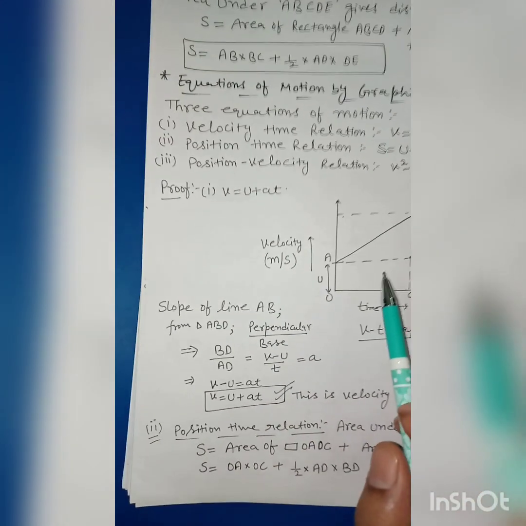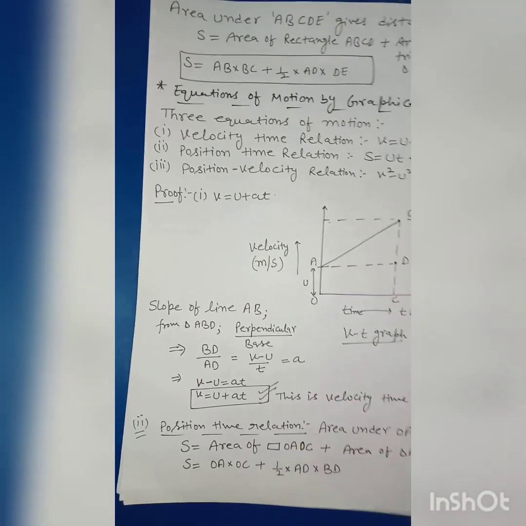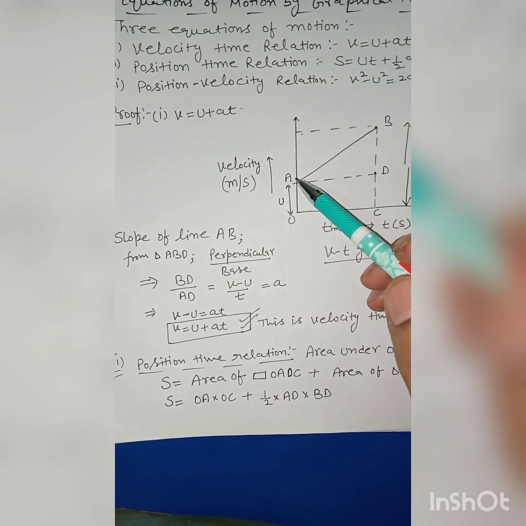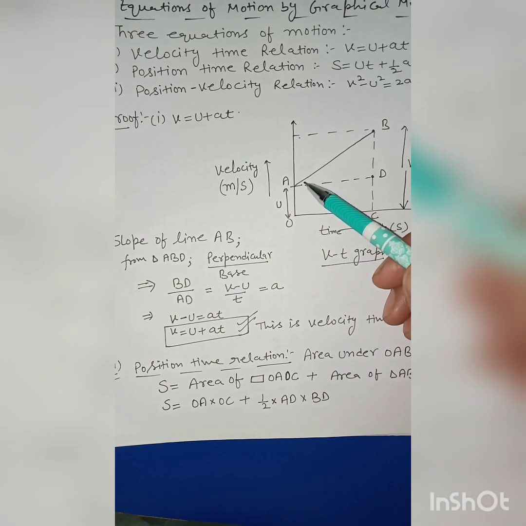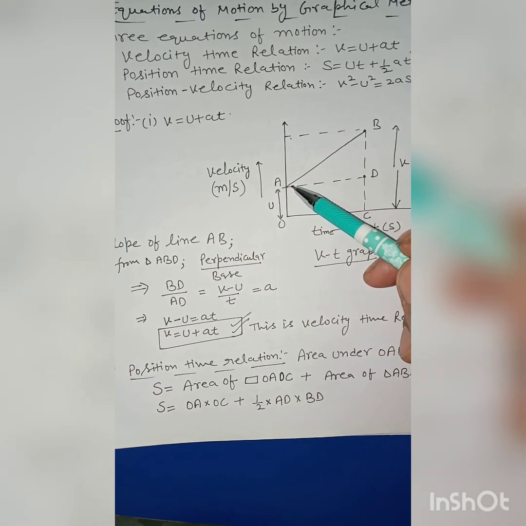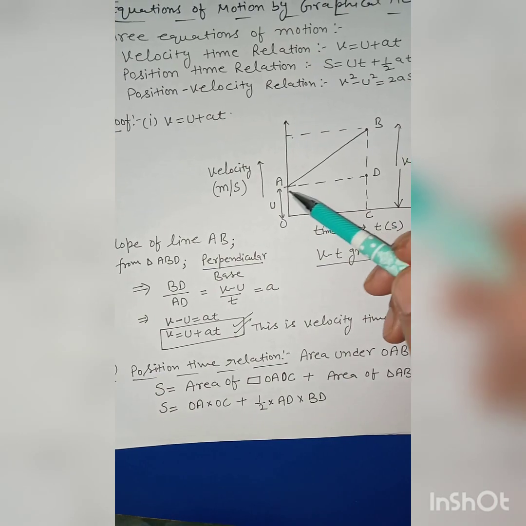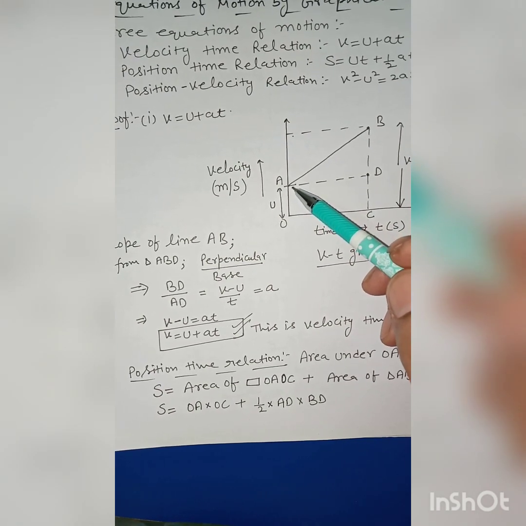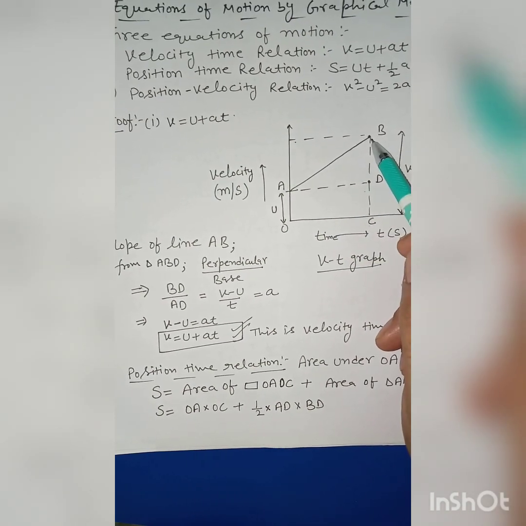Now from this graph, we can find the slope of the straight line AB by taking the triangle ADB.